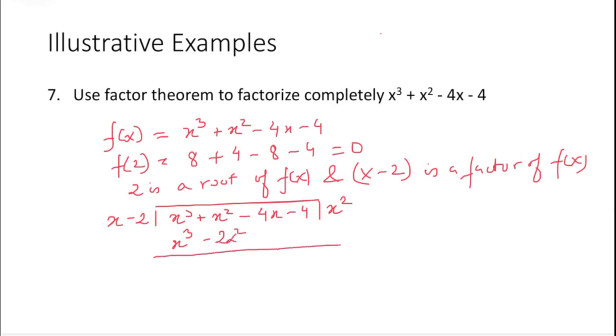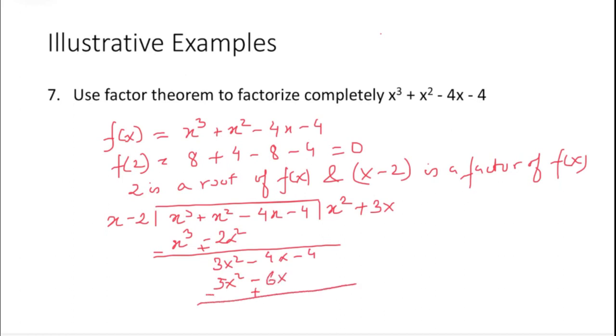If I subtract it, we get 3x square minus 4x minus 4. So multiply this with 3x now, so we get 3x square minus 3 times 2, so 6x.